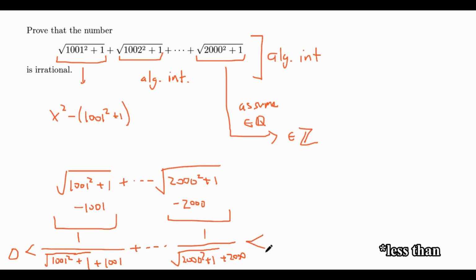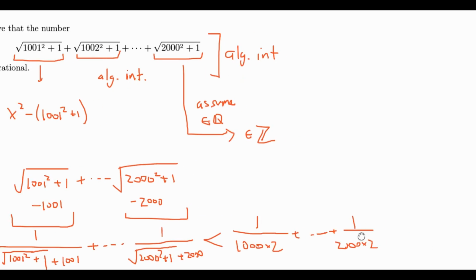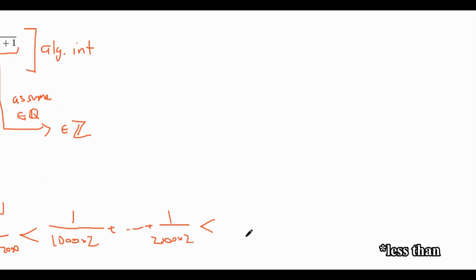But we also know that this thing is greater than 1 over (1000 times 2) plus all the way to 1 over (2000 times 2), which in turn is greater than or equal to the total number of terms in here, which is 1000, times 1 over (1001 times 2), which is less than 1.